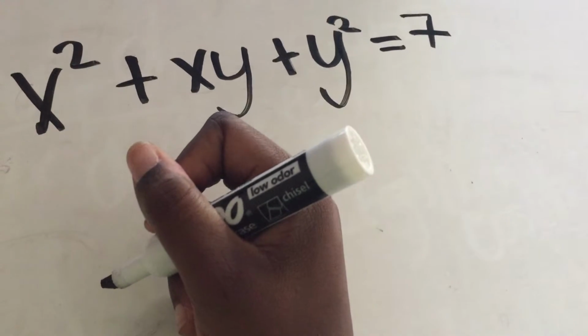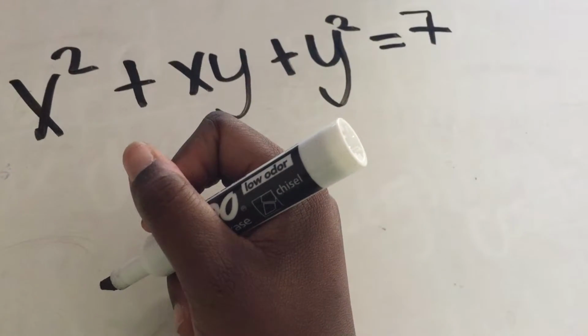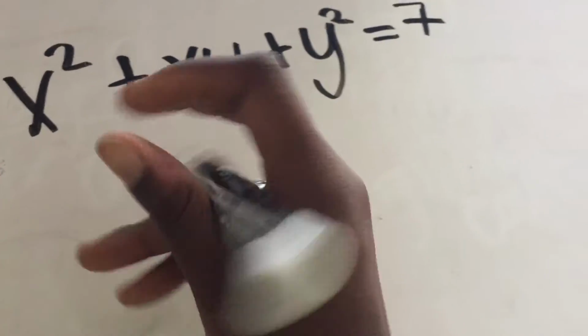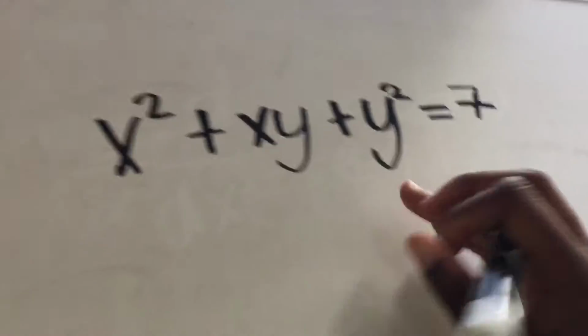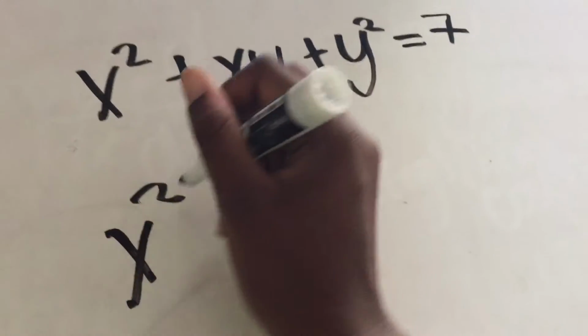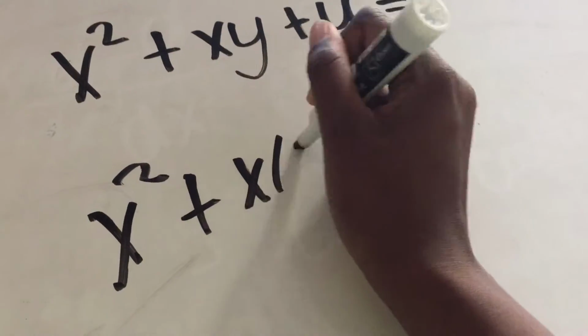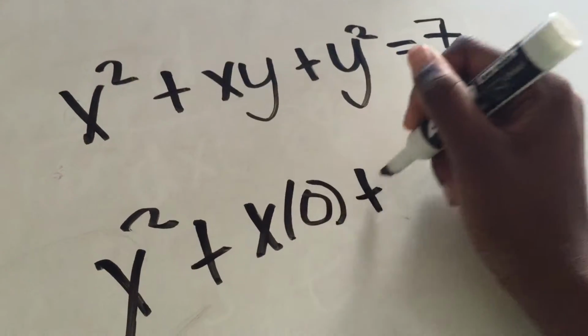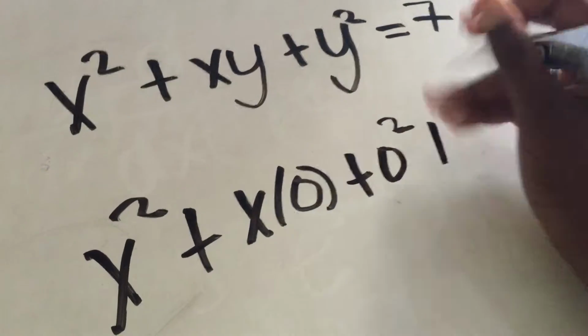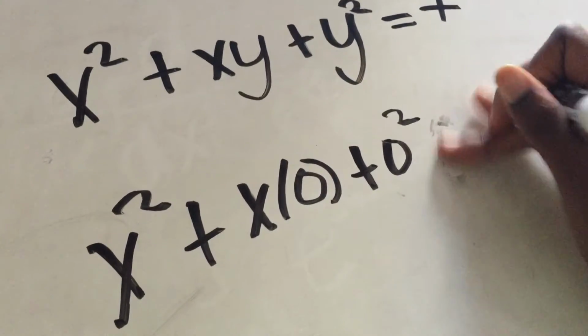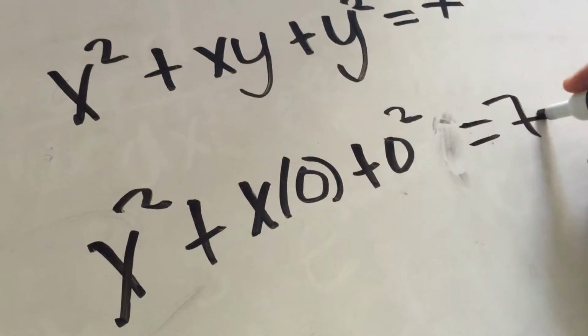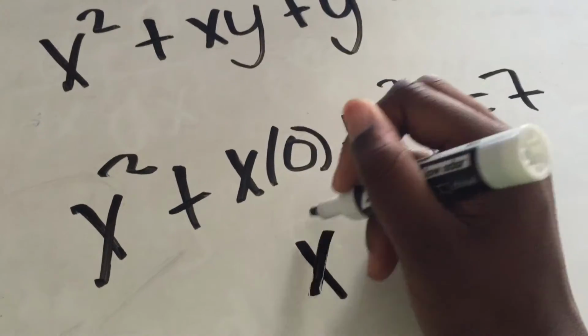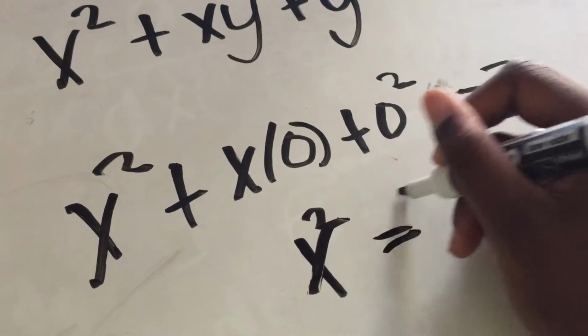So first, I'm going to set all the y's equal to 0 because that's where it's going to cross the x-axis. We have x squared plus x times 0 plus 0 squared equals 7. And basically that just gives x squared equals 7.